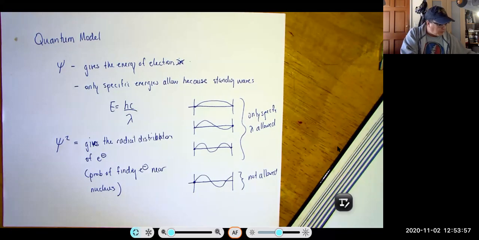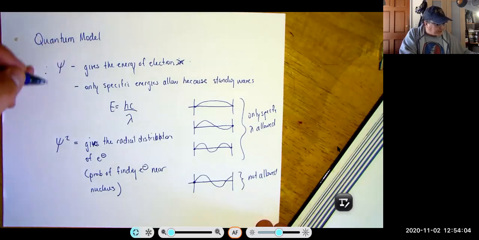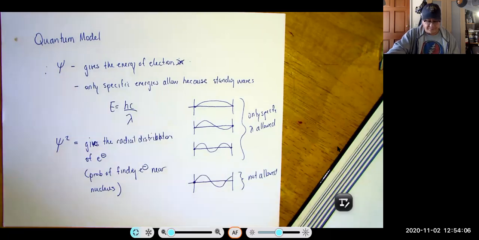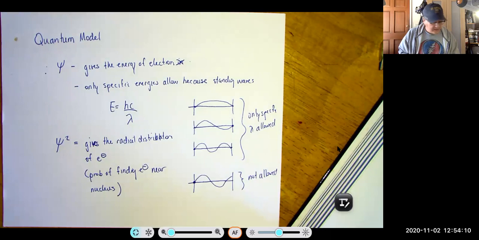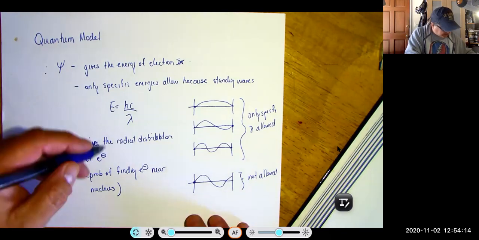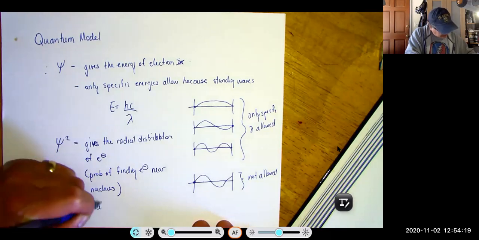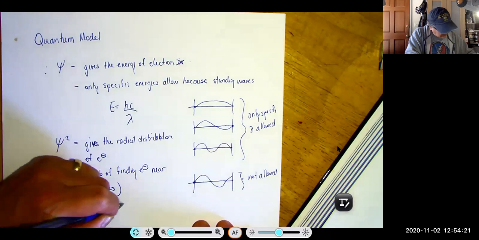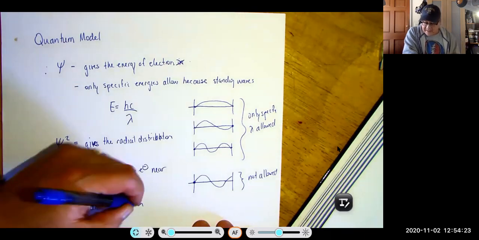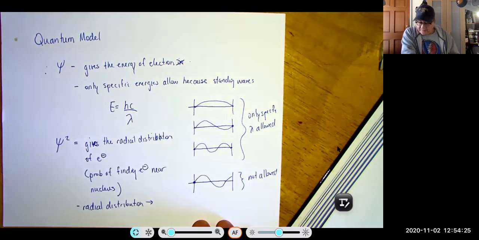So these are the two important things when we talk about psi. Psi gives the energy of the electron, and psi squared gives the radial distribution or probability. And the radial distribution gives rise to a, actually your book names these a little differently.